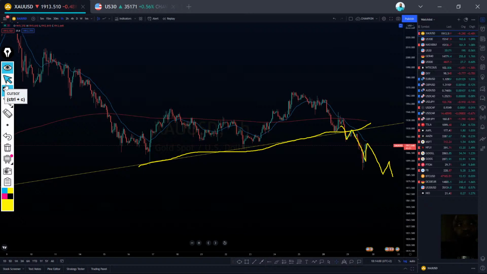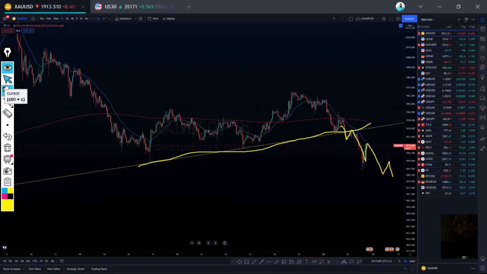Gold in previous days had been creating this type of structure, which is what we expect to see when we look at NASDAQ 100. NASDAQ 100 was bullish in previous days, as gold was bearish.